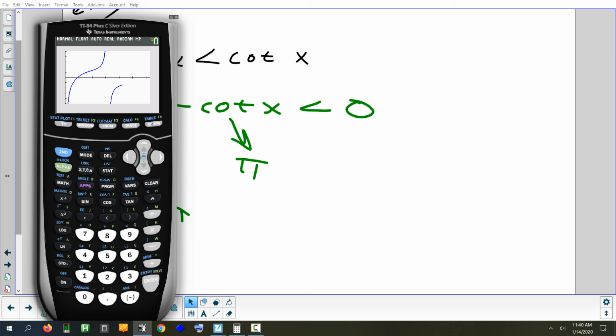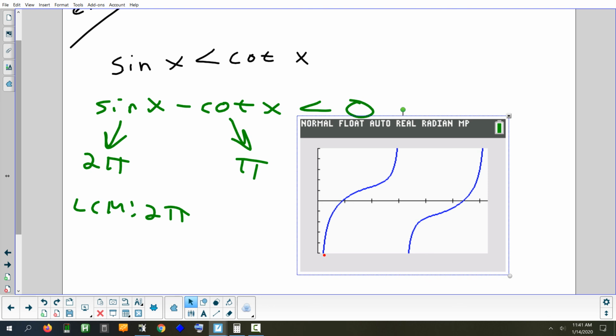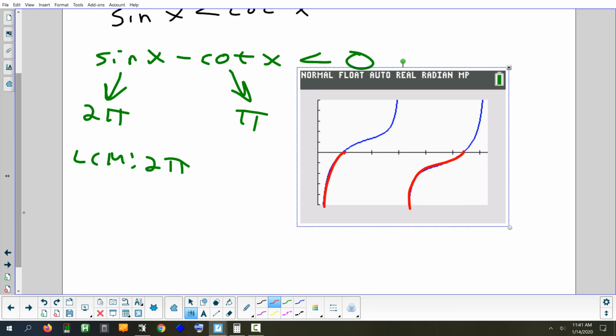Okay, how many sections are under the x-axis in that cycle? 2. So we need to describe each one of them. First, we have to describe this one, and then that one. So keep in mind, that's just going to keep going down.